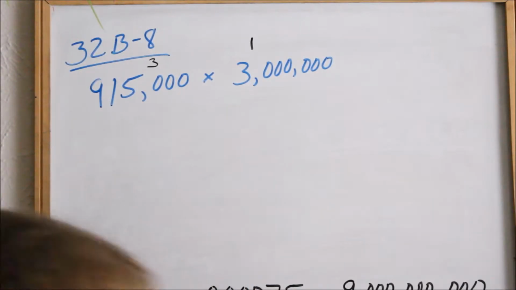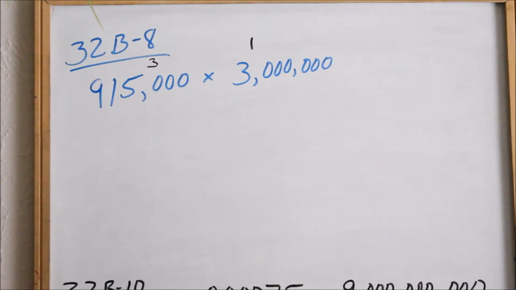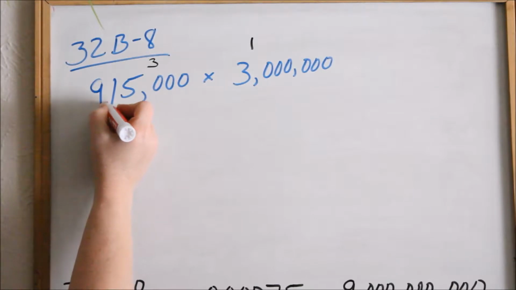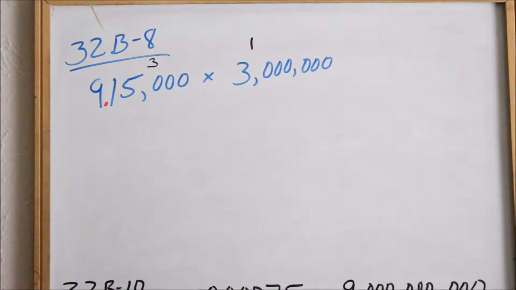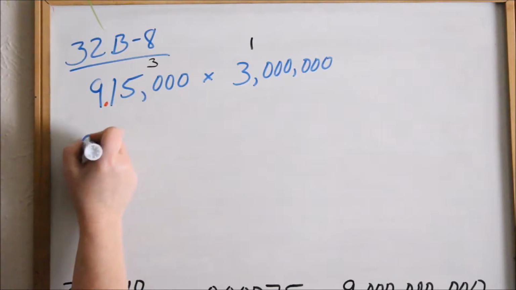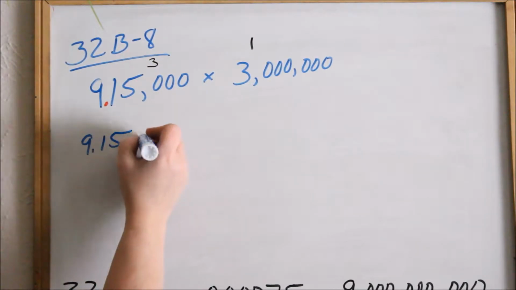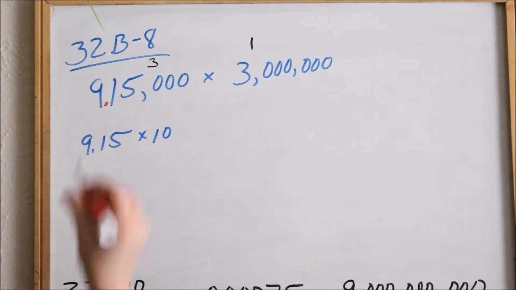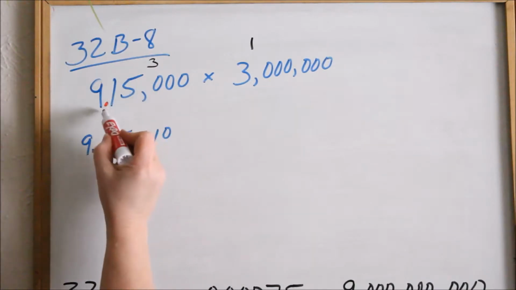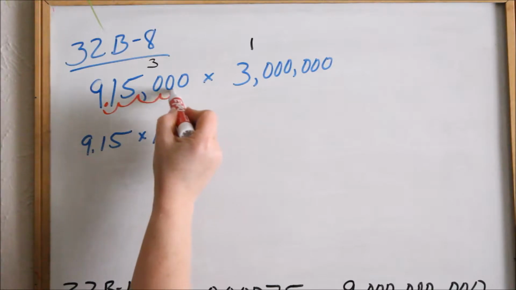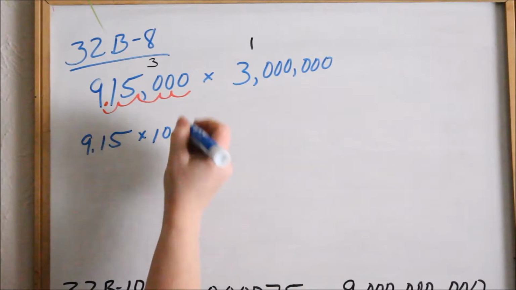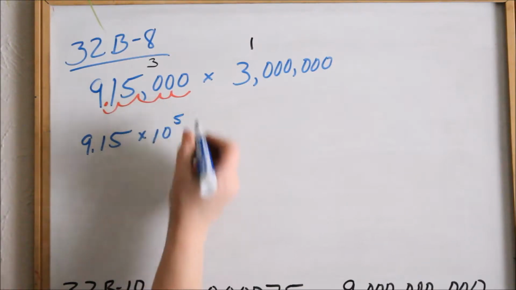So the first thing that I want to do is put 915,000 into scientific notation. In scientific notation, your decimal has to be after your first significant digit. So we'll say that that's 9.15 times 10 to the, and you count over to the end of your number, 1, 2, 3, 4, 5. And we went to the right, which is positive, so that would be times 10 to the 5th.